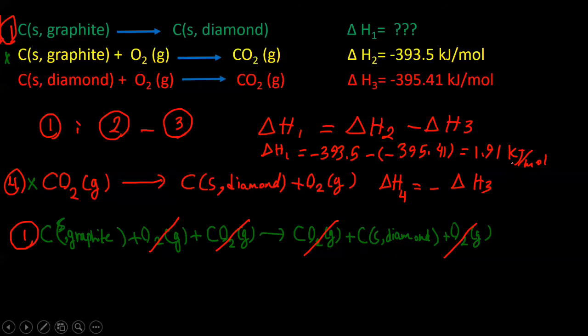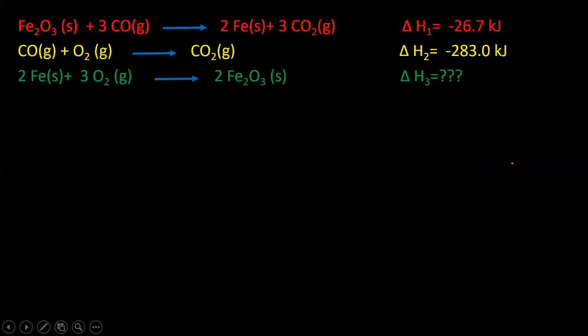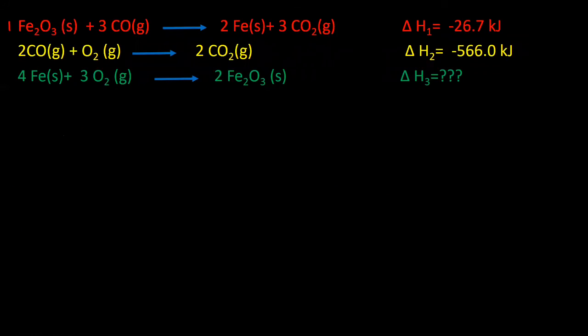Let's go through one more example. We have 3 reactions again. We have delta H for reaction number 1, we have delta H for reaction number 2, and we want to find delta H for reaction number 3. So again, we need to find the relationship between these 3 reactions. As I see here, I have 4 Fe in my reactants for reaction number 3.